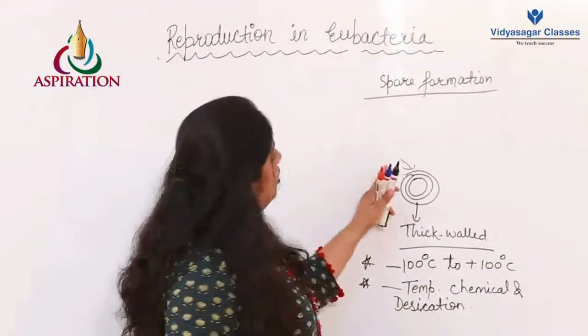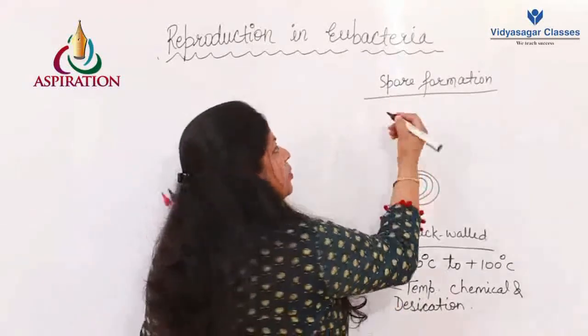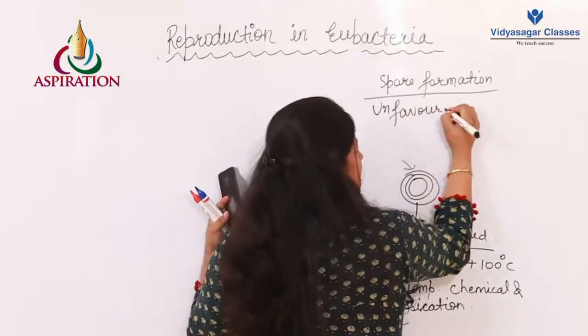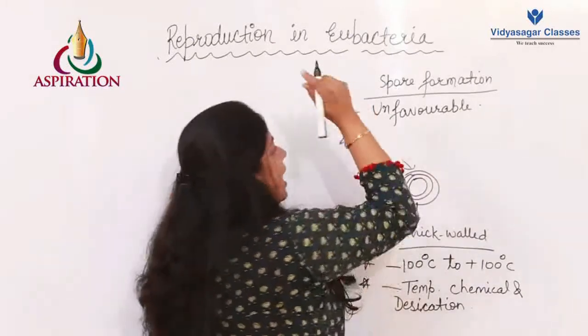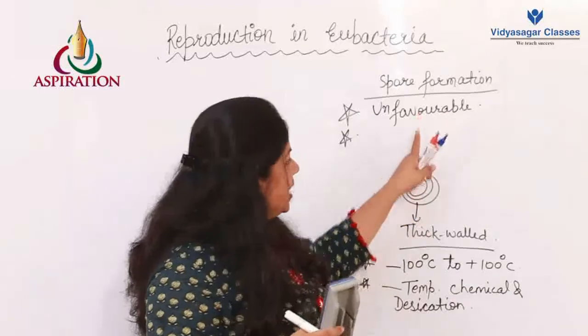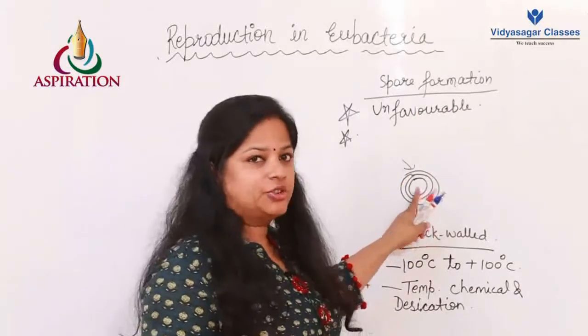We have already discussed that spore formation is there during unfavorable condition, and on onset of favorable condition, these endospores will germinate to form the new individual.